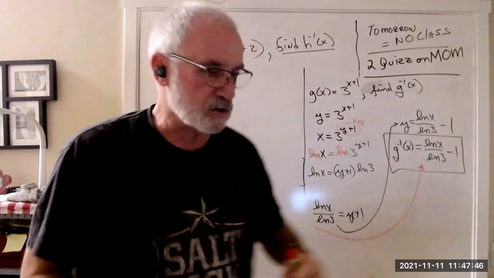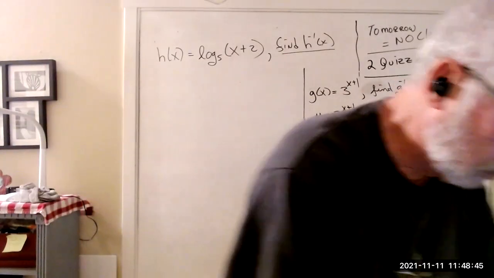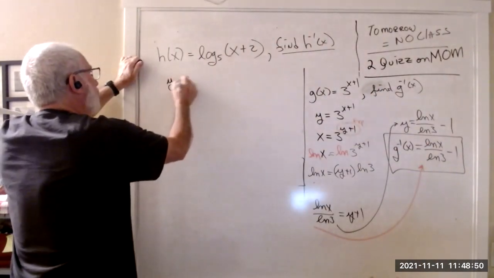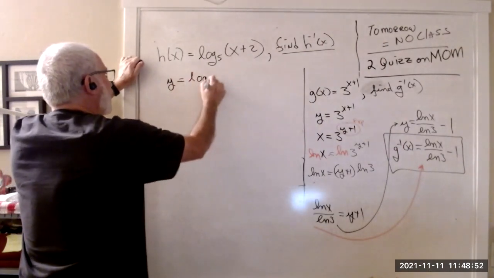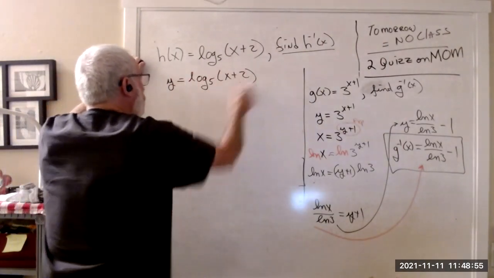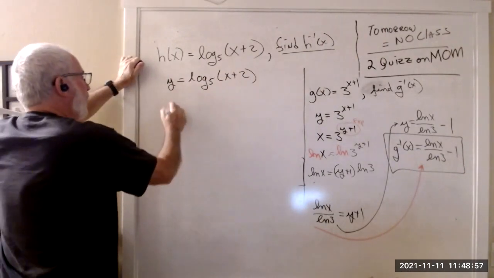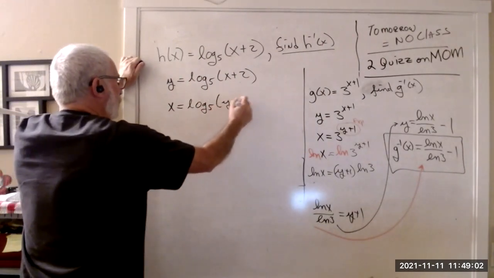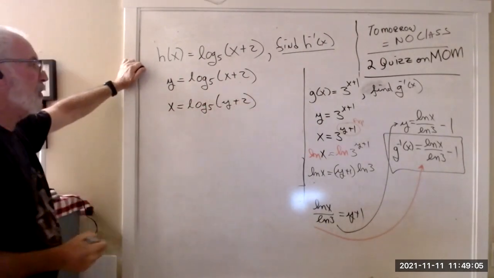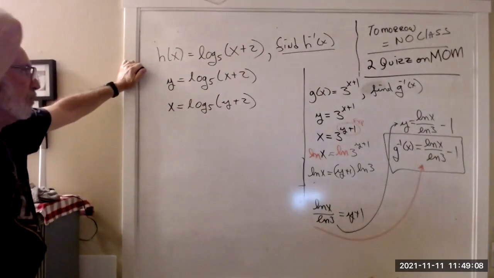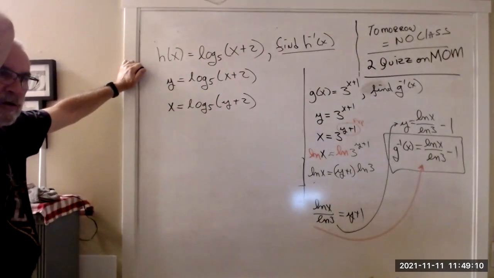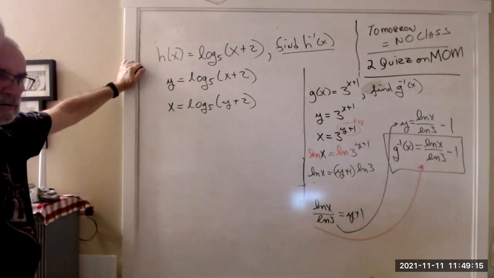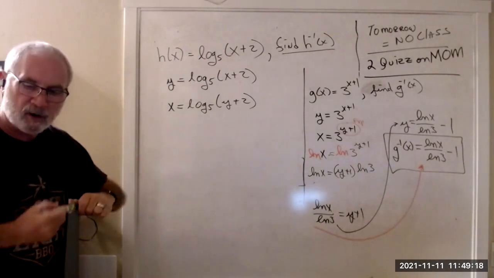Okay, let's take a pause. So let's see, we have y equals log base 5 of x plus 2. Swap them, x equals log base 5 of y plus 2. Now stop and think, how do I get the y out of that logarithm? Bra-Bar. Okay, the Bra-Bar method.